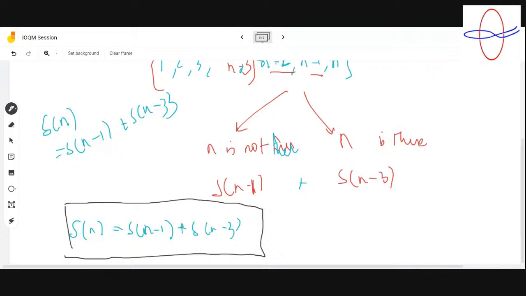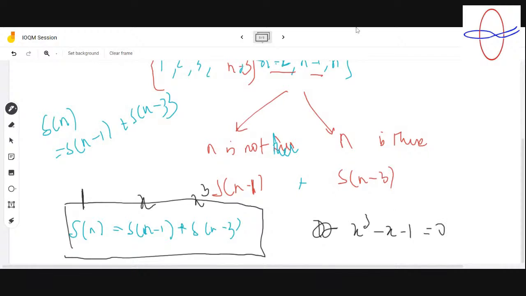Yes. So the idea is the following. It's this 1 over 1 minus x cube minus x minus 1.